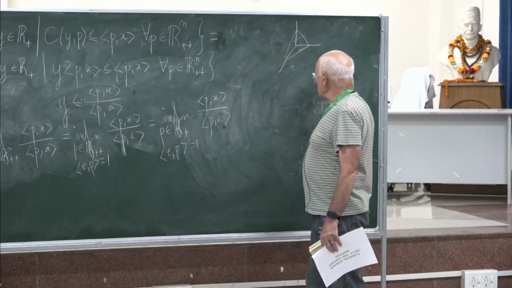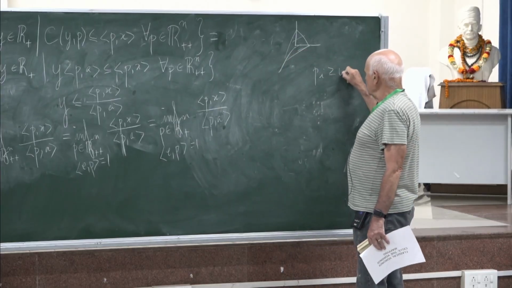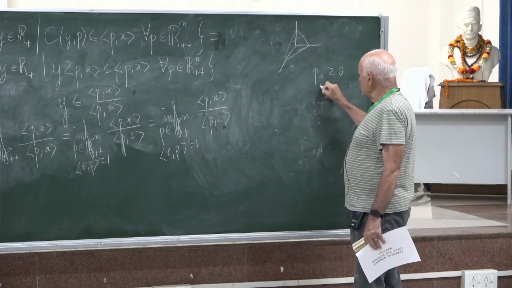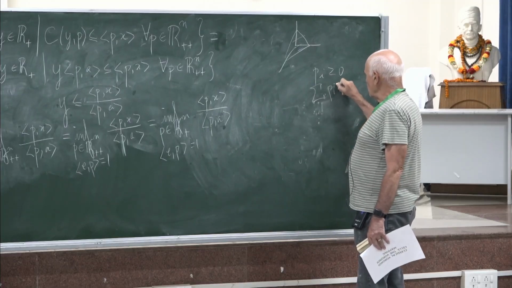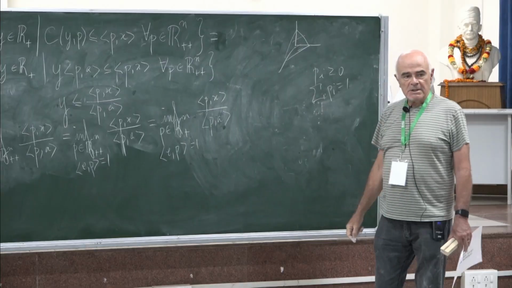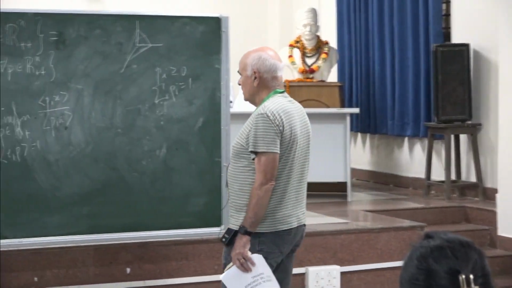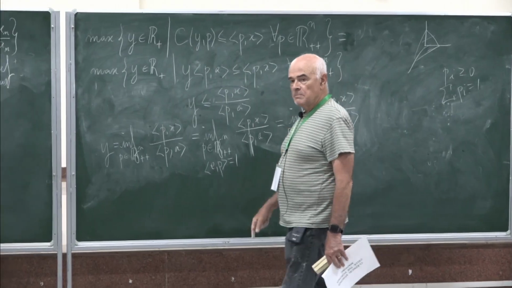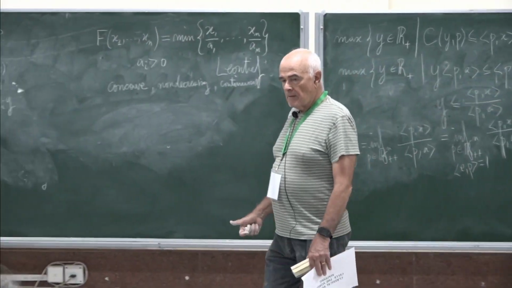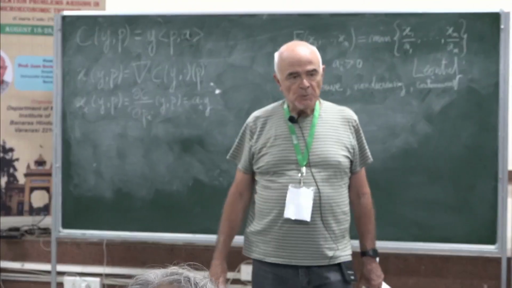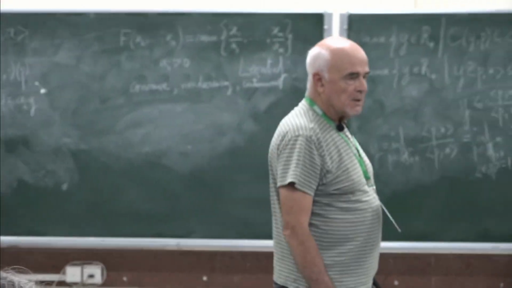So the constraints are P sub I non-negative and sum of Pi equal 1. This is a set of this type. This is a polytope. Actually, the infimum is a minimum because it's compact and the objective function is continuous.